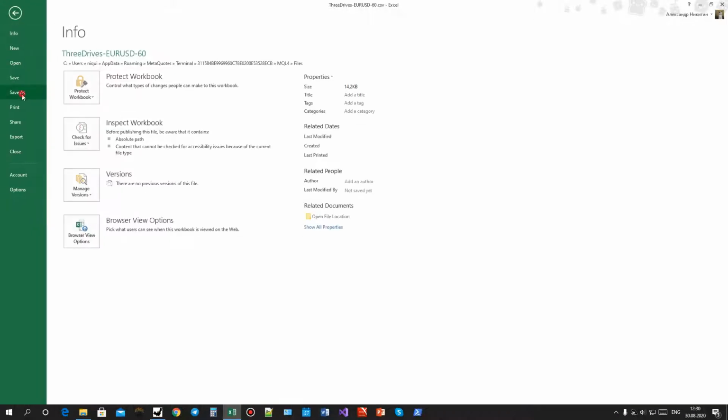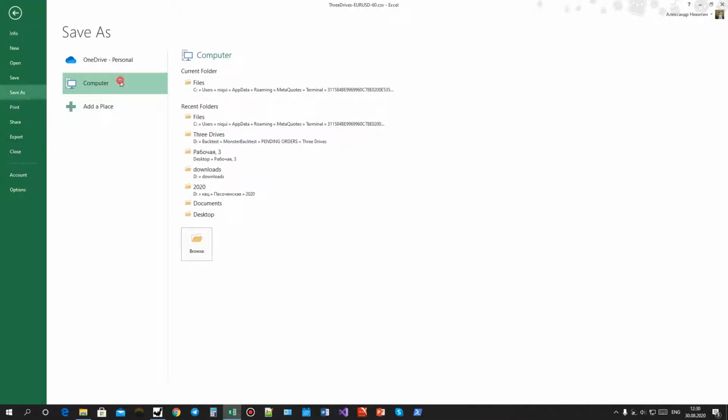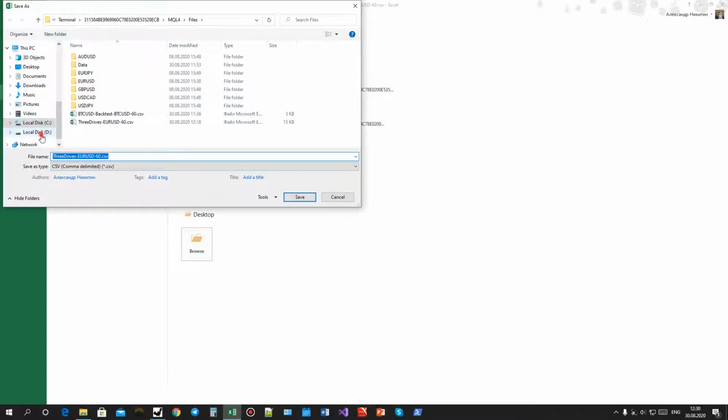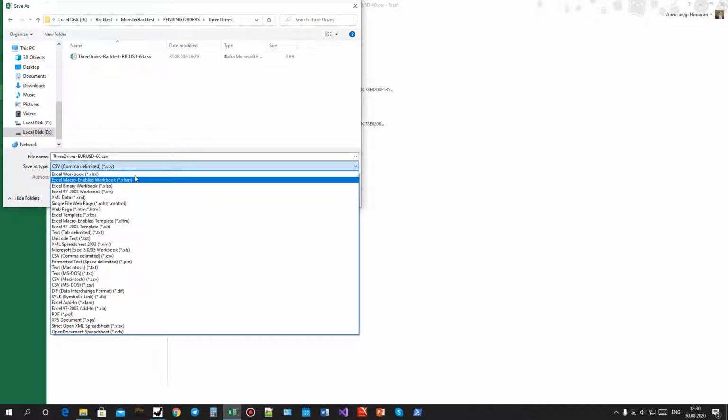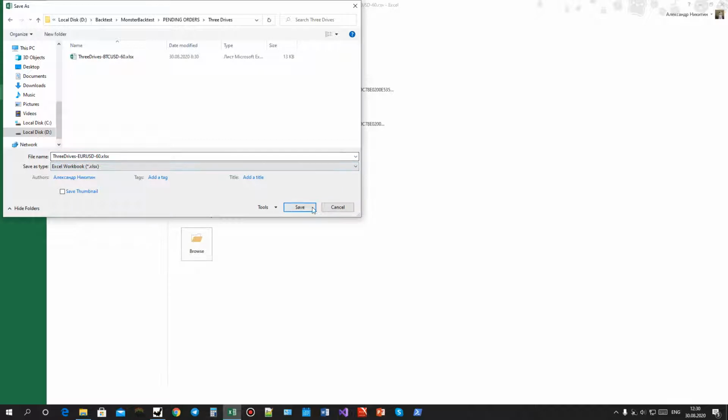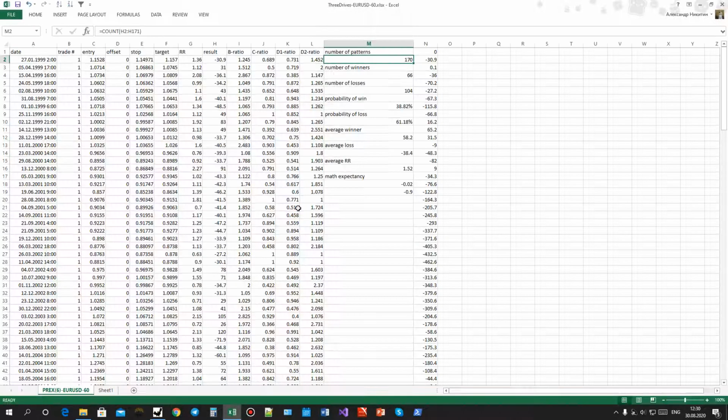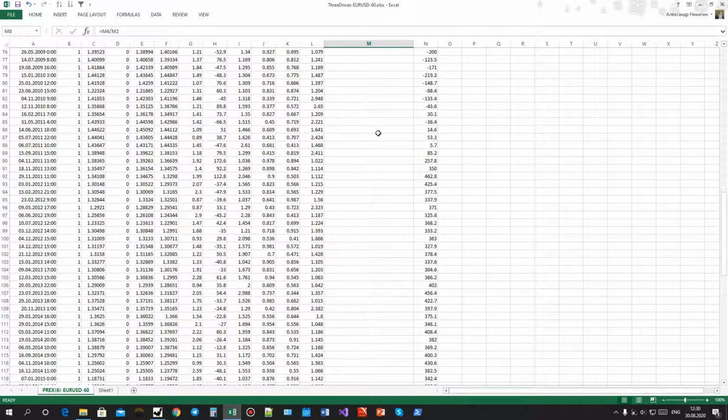So I go to save file as, my computer, browse, D backtest, monster backtest, pending orders, 3 drive patterns, and save it as an XLSX book to save the formulas. If you save it as CSV, it won't save any formulas, so you won't be able to build charts.